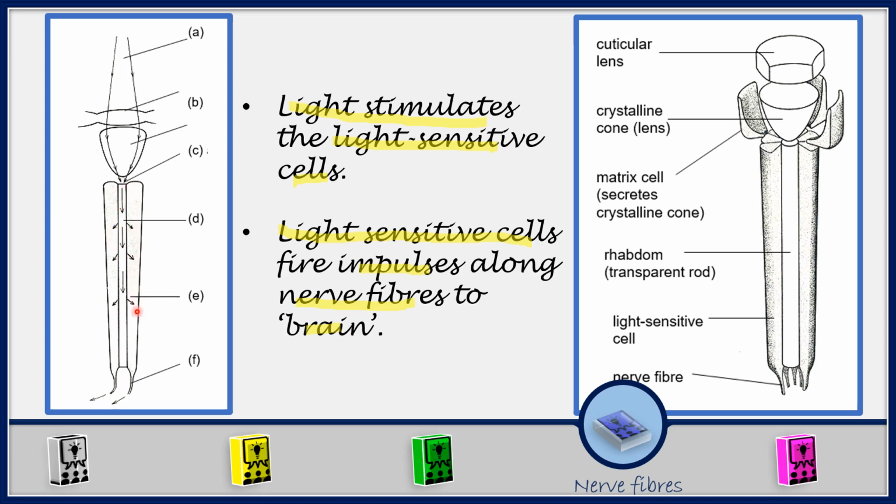And when it stimulates the light-sensitive cells, they will fire impulses and pass those impulses into the nerve fibers. The nerve fibers will send the impulses to the brain.